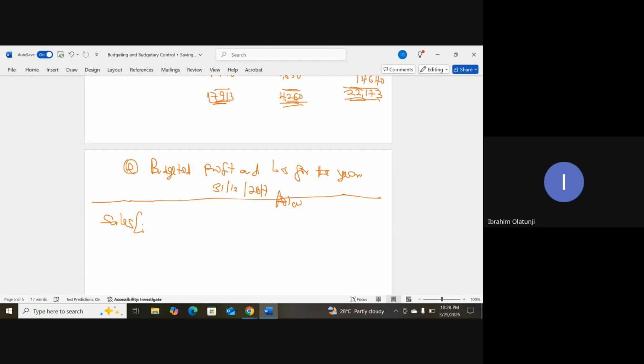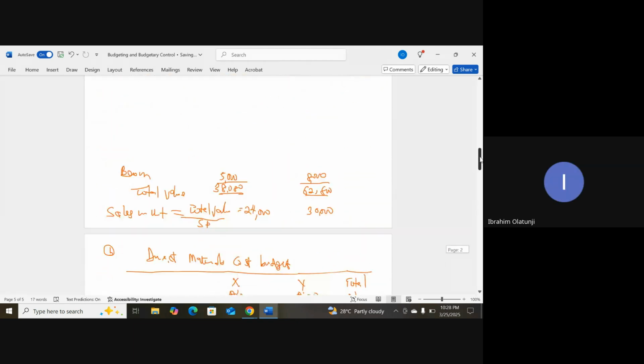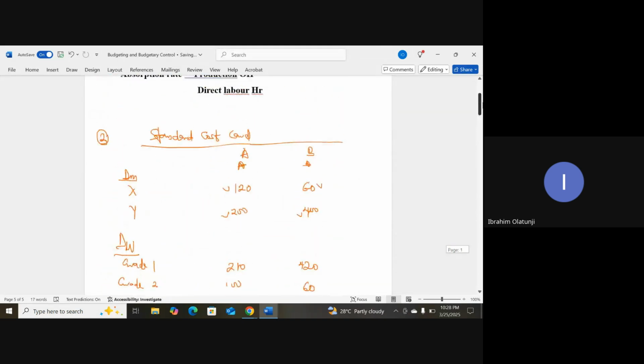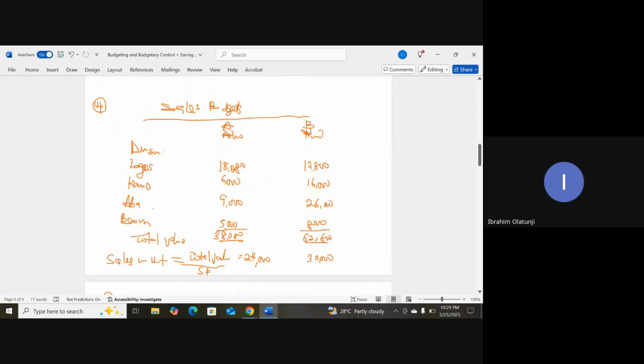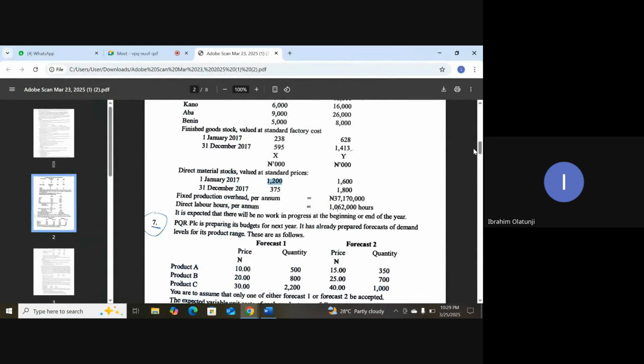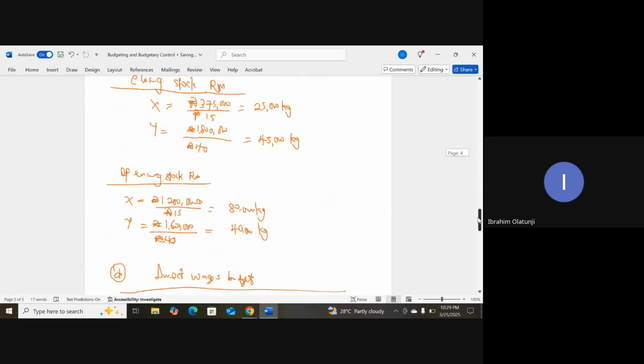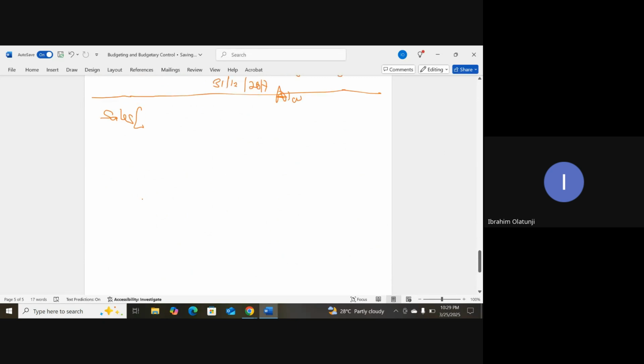So sales for A. What is the sales value for A? 24,000 is unit. Total sales value, 38 million 80,000. Plus what of the B? 62,800.